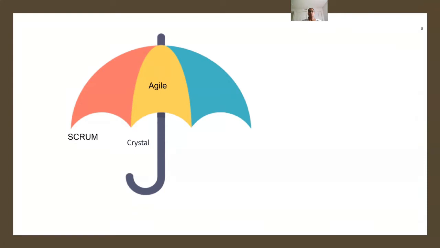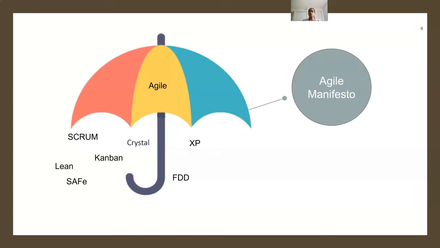Moving on, Agile is an umbrella of activities, or it consists of various methodologies such as Scrum, Crystal, Kanban, Lean, SAFe, Extreme Programming, and FDD. We will be seeing all these except Scrum one by one very soon. So Agile also consists of something called the Agile Manifesto and the 12 Agile Principles.